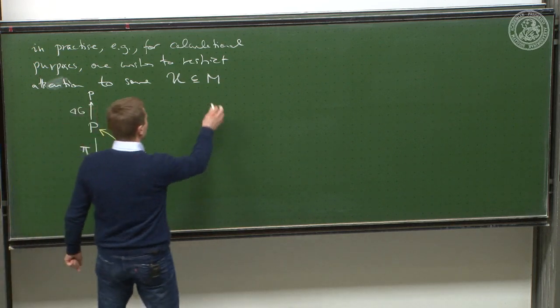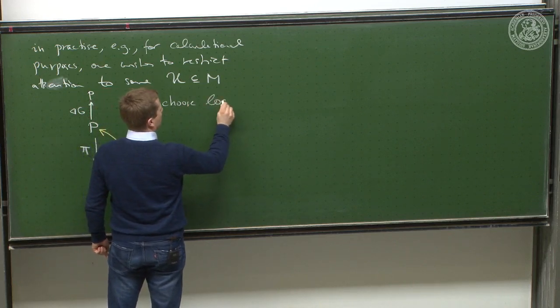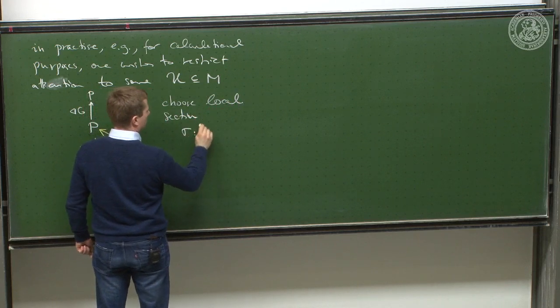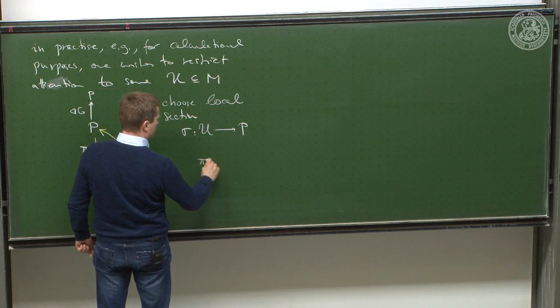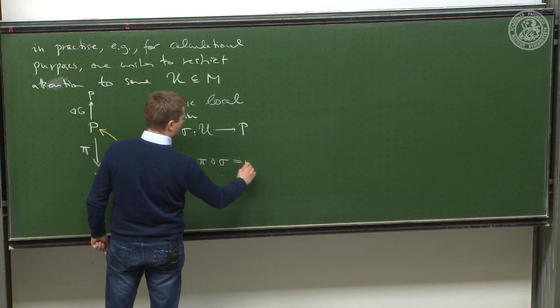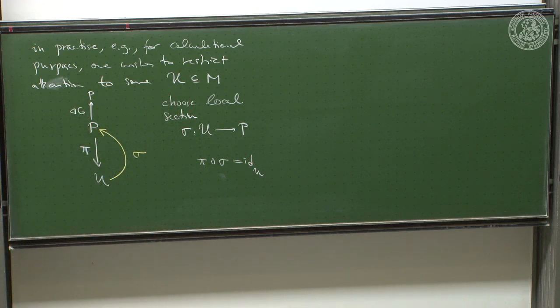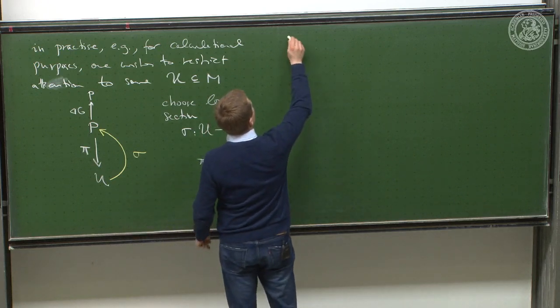So choose a local section, sigma from U to P, and you remember that the section is such that pi after sigma is the identity on U. That's the definition of a section. So we choose such a local section here. And what can we use this for? Well, this local section induces two things.